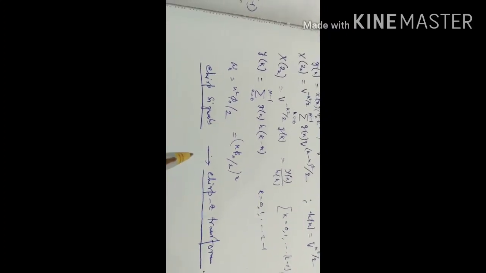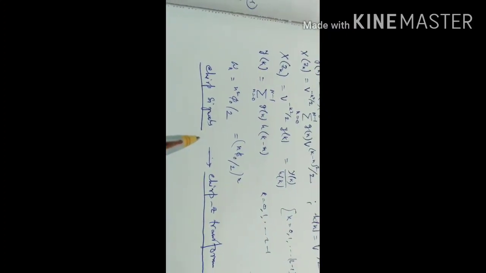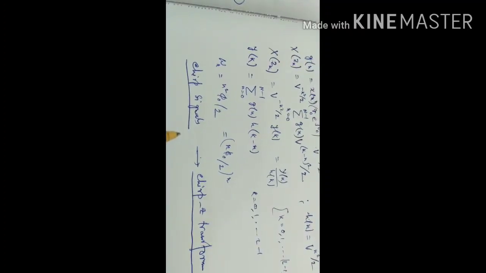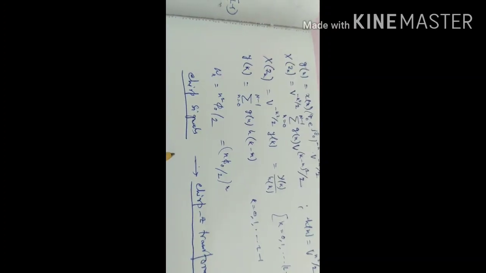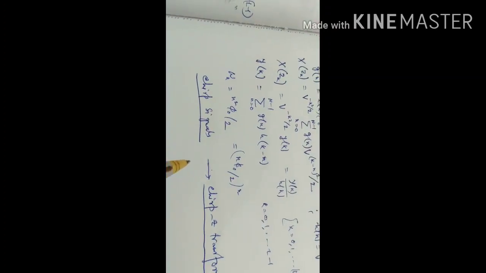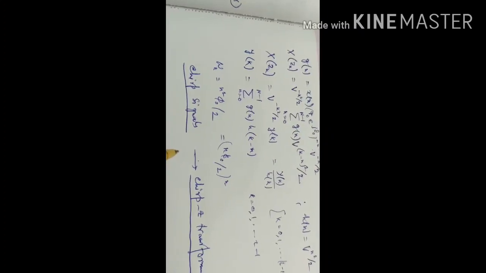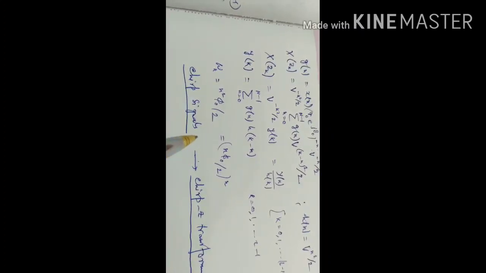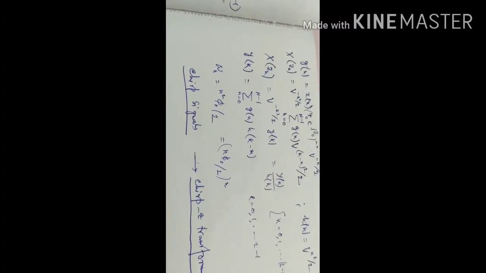In such a case, we know that the first n minus 1 points contain aliasing and the remaining m minus n plus 1 points are identical to the result we obtain from the linear convolution of hn and gn.